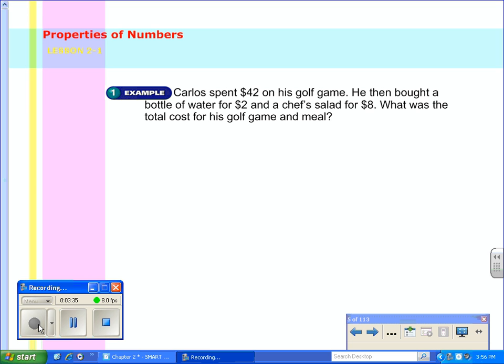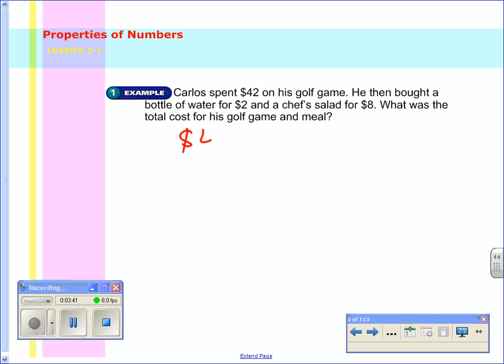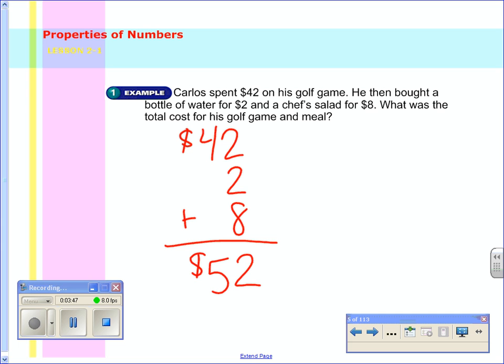Now I'm going to show you a couple different ways people might have done it. Some people would just say, I have to add 42, 2, and 8. So I add them together, and I get $52. That's normal too. However, some people might have seen that they could do this mentally.